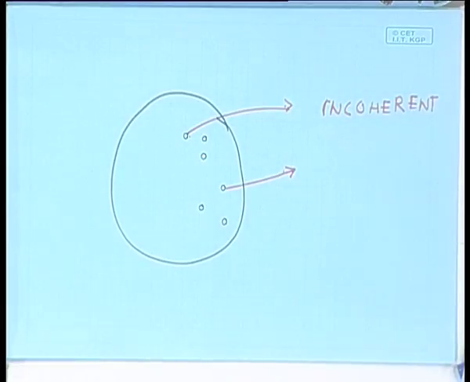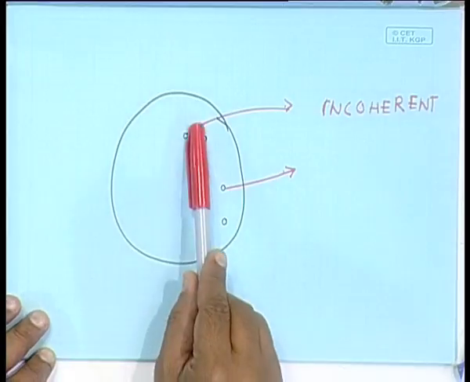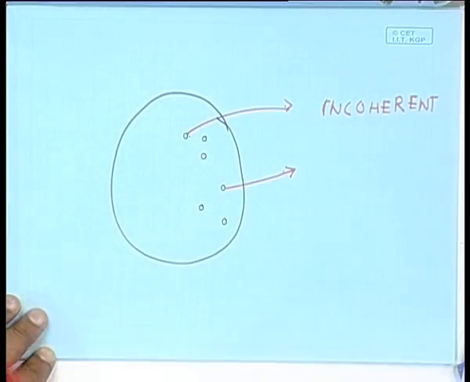So, we are going to assume that different points on this extended source are incoherent sources. What we mean by that is that the radiation from different points on my extended source do not interfere, the waves from these different points do not interfere with one another. For example, if we have the sun, the radiation from different points on the sun will not interfere with one another.